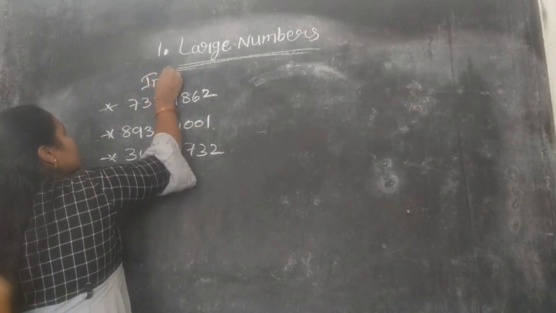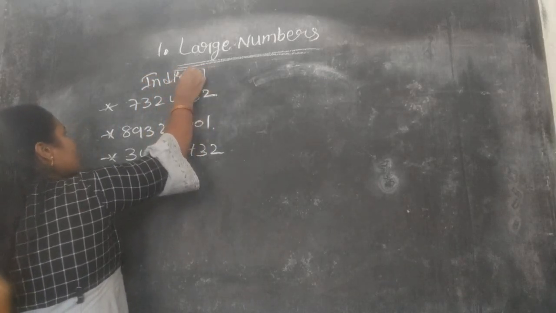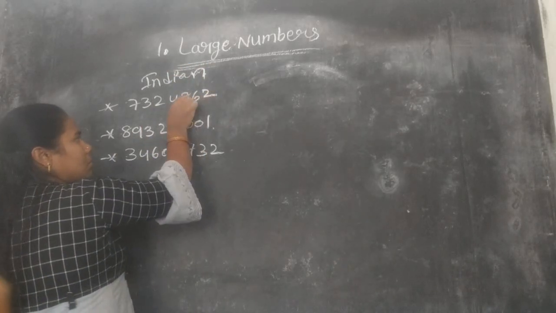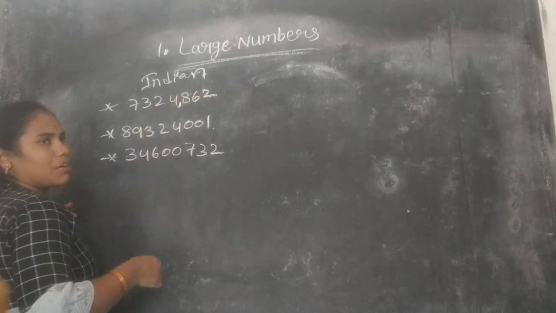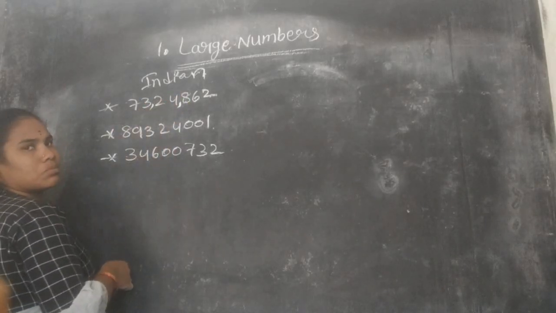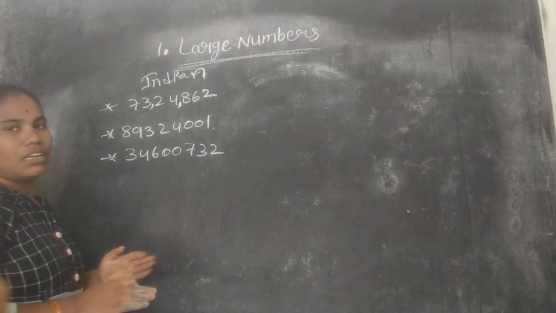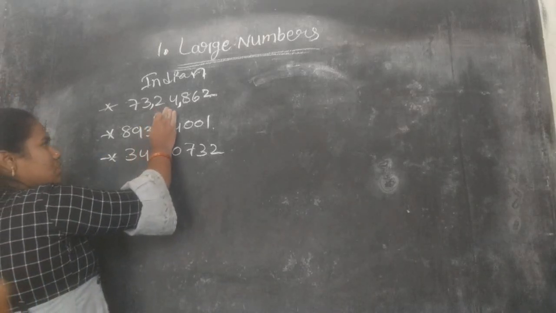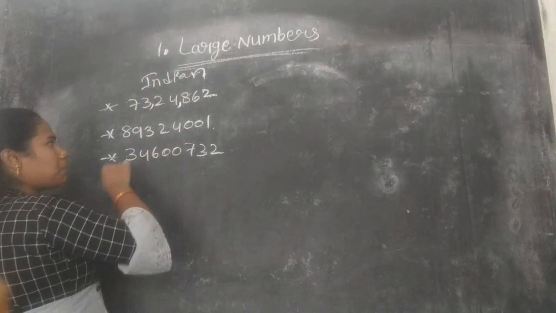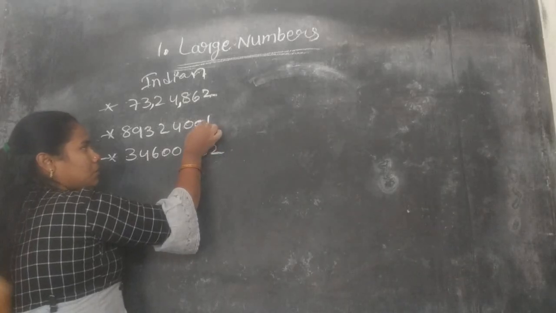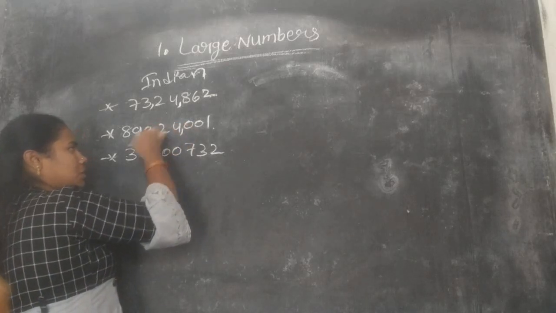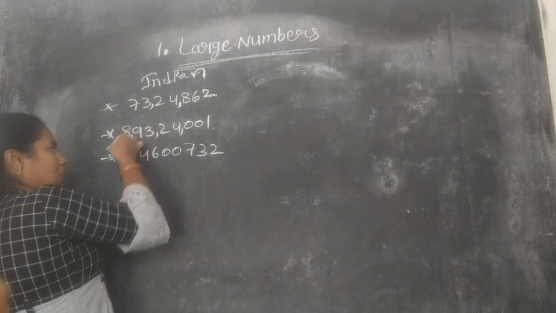So in the Indian system, the first period has 3 place values: 1, 2, 3. Put the comma here. And the next period only 2 place values, so only 2 digits. This is the way to put the commas in the Indian system. Okay. And see the next one. 1, 2, 3, 3 digits, comma, and then 1, 2 comma, 1, 2 comma.